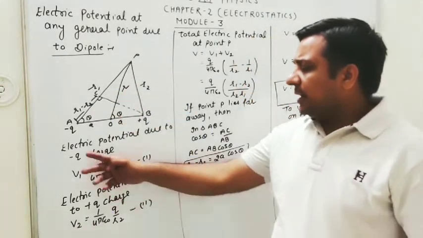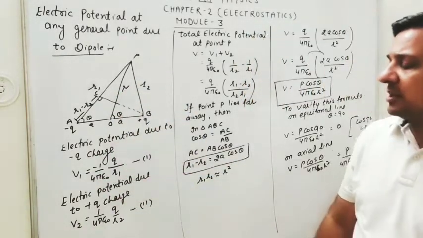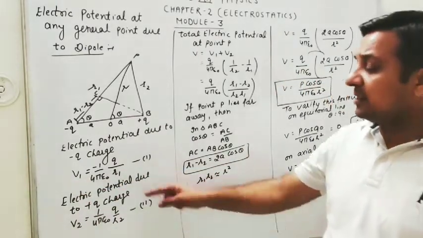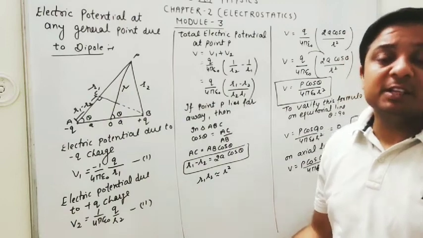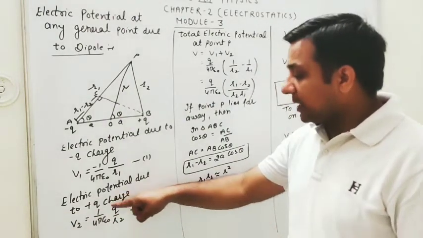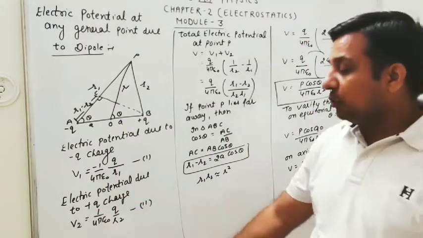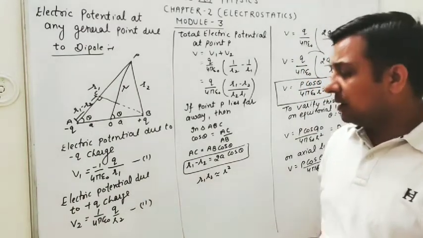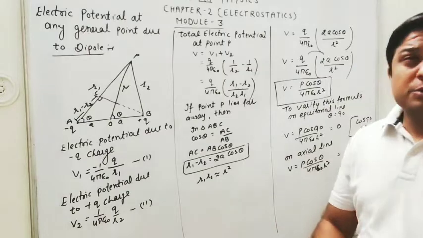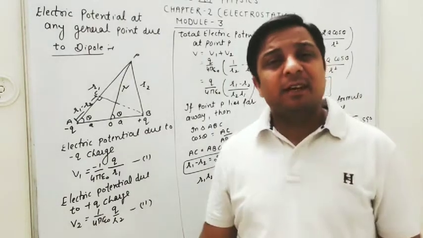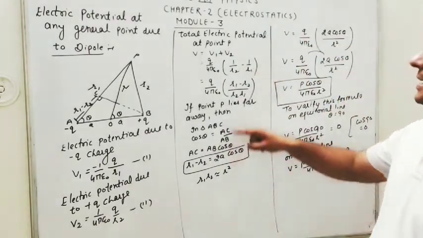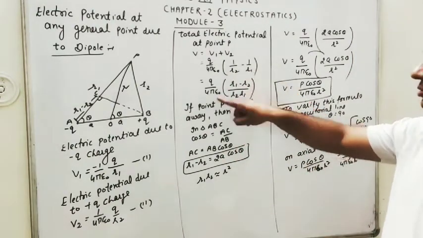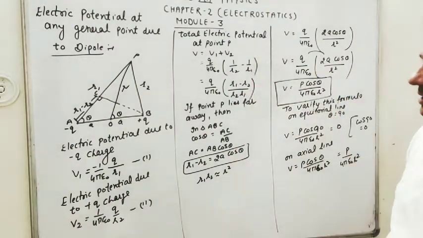So here, electric potential due to minus q charge, that is V1, is minus 1 by 4 pi epsilon naught q by r1, where the minus sign refers to charge minus q. And electric potential due to plus q charge, V2, is 1 by 4 pi epsilon naught q by r2. Because electric potential is a scalar quantity, they will be added directly, and V is equal to V1 plus V2.